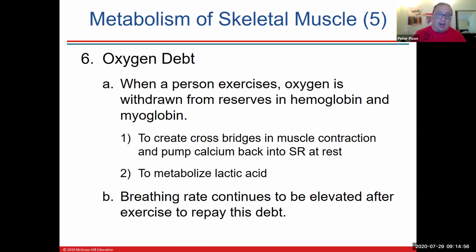Oxygen debt. When a person exercises, oxygen is withdrawn from reserves in hemoglobin and myoglobin.